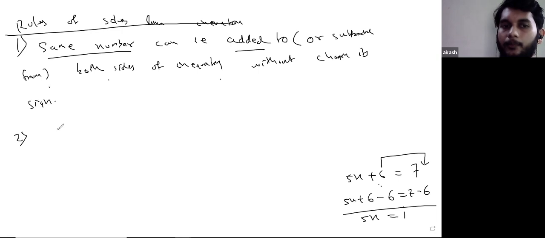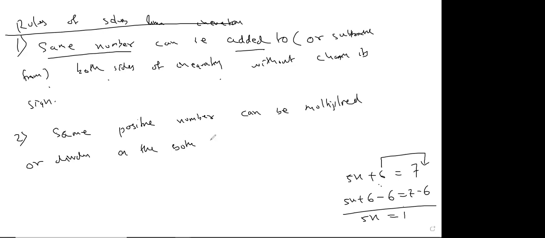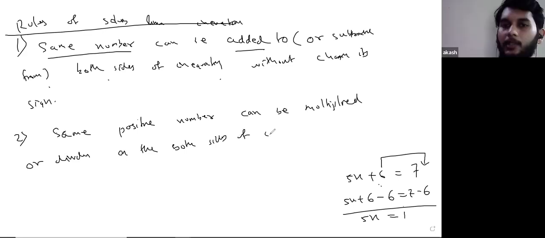What is the second rule? Same positive number can be multiplied or divided on both sides of the inequation without changing its sign.